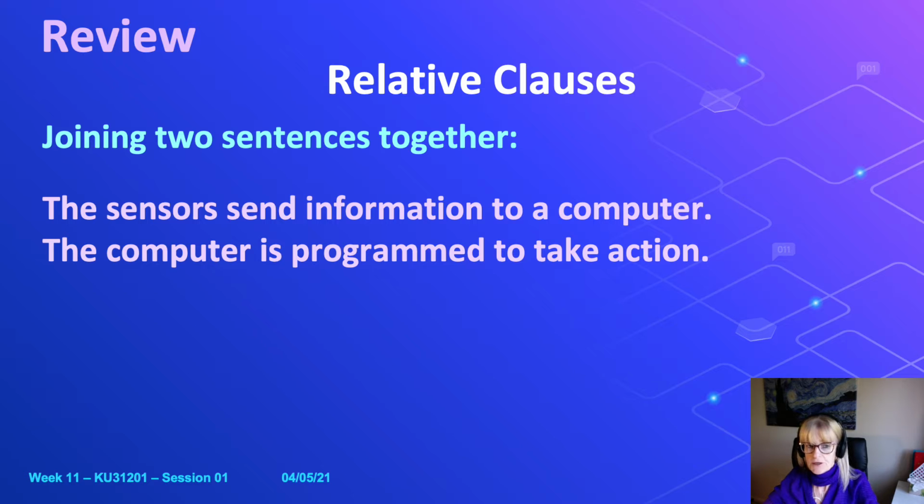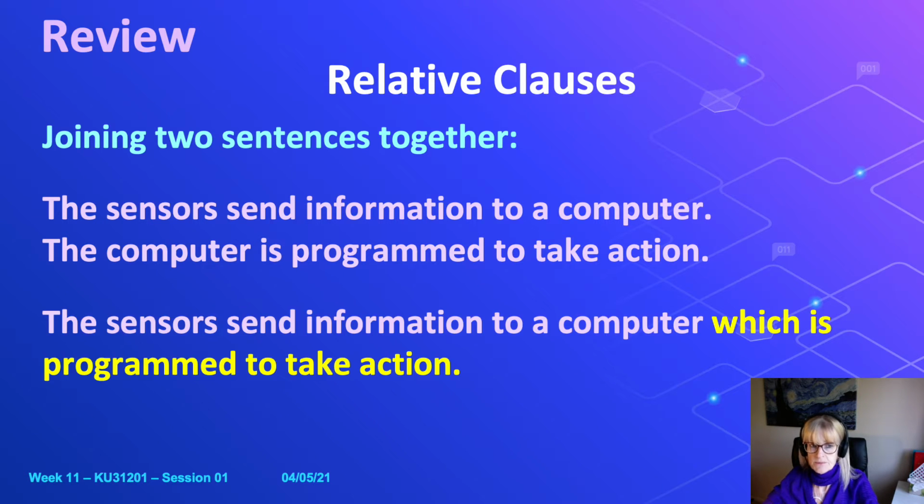And because it's about an object, we can use the pronoun which or that. So our new sentence is, the sensors send information to a computer which is programmed to take action. So you can see I use the pronoun which, and my relative clause is there in yellow. So two sentences into one.